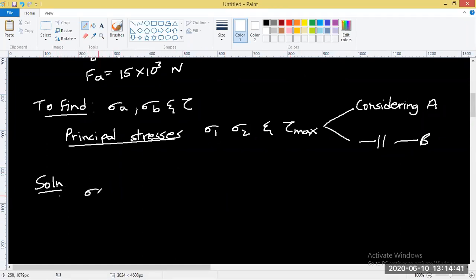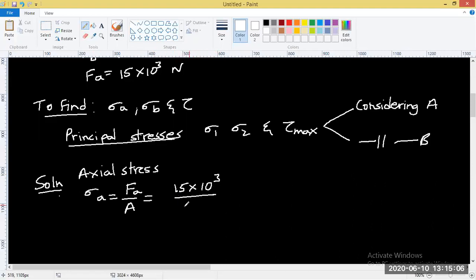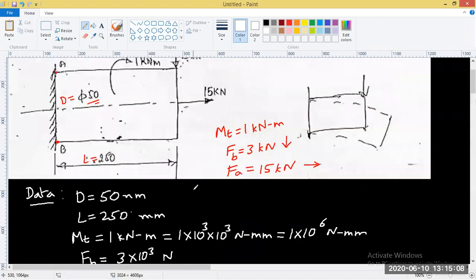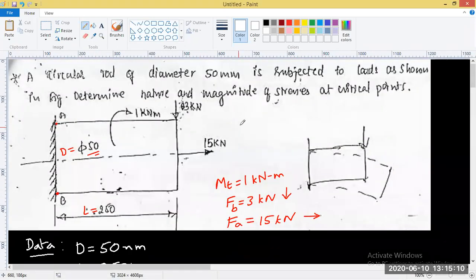Axial stress first is simple. According to what we have written here, sigma A is just force divided by cross-sectional area. The axial force is 15 kilonewton, divided by the cross-sectional area.